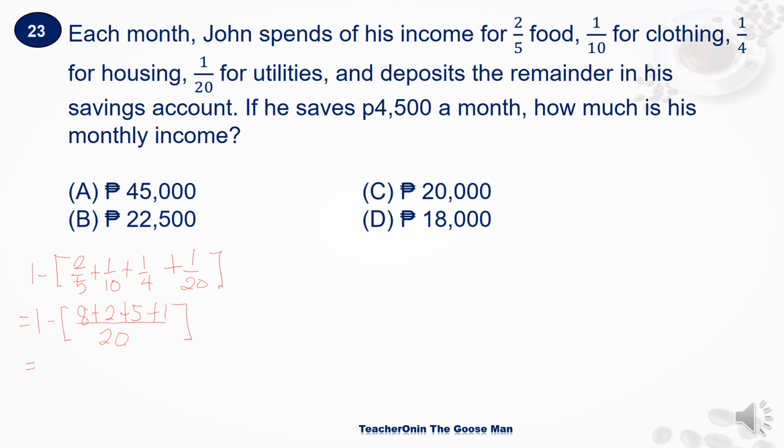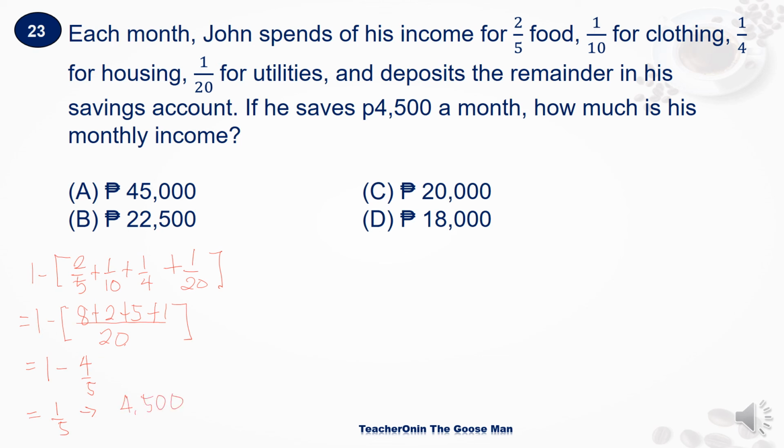So we have now 1 minus the total sum of this, 8 plus 2 plus 5 plus 1, all over 20. So we have 4 over 5. So meaning to say, 1 minus 4 over 5 is equal to 1 over 5. Take note, from the analogy, yung 1/5 nito is the savings. So, it means that this is actually 4,500.